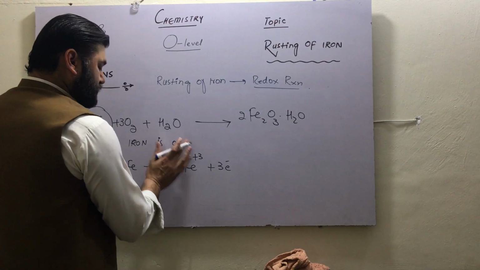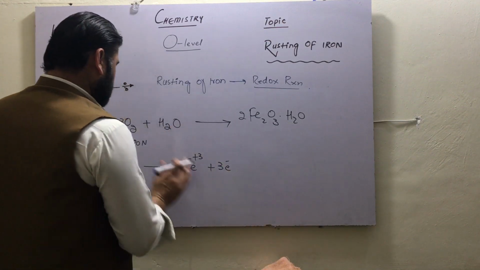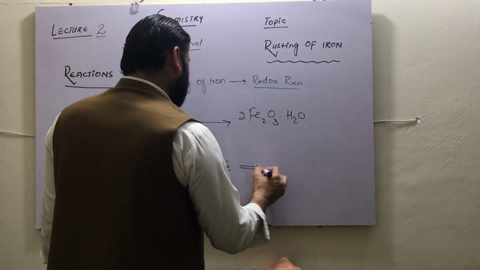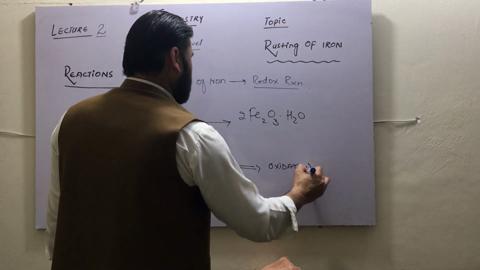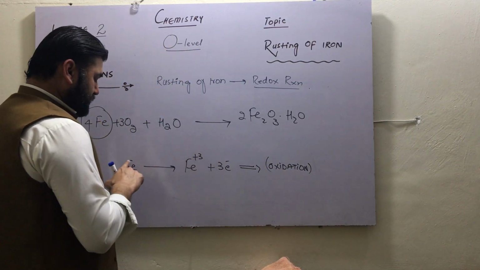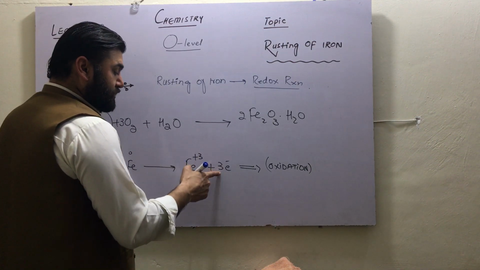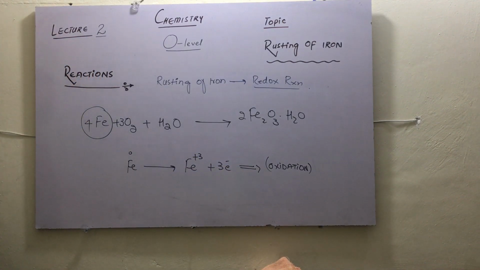In iron, oxidation takes place. And what is oxidation? Oxidation is nothing but loss of electrons. Here the oxidation state is 0, so from 0 to +3 means 3 electrons are lost from this iron. So that's why it is called oxidation. This is very much important.